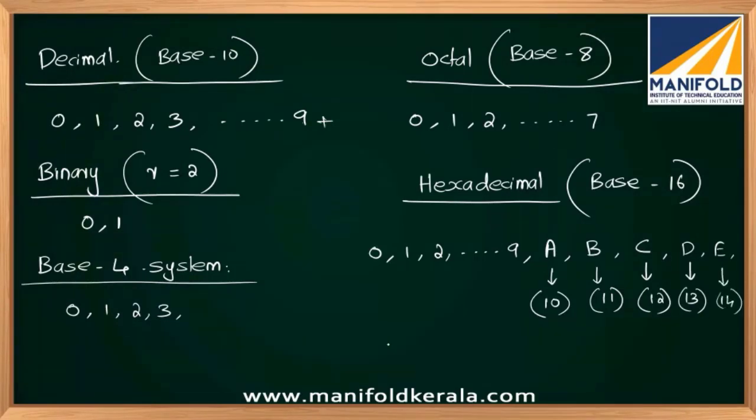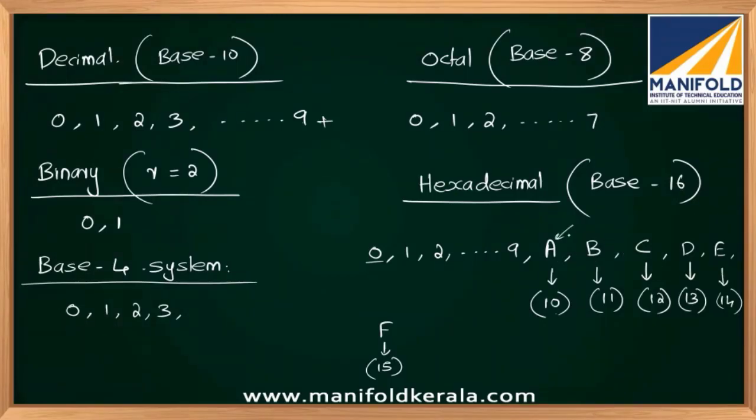And finally, F will correspond to the value 15. So there are symbols from 0 to 15, but 10, 11, 12, 13, 14, 15 are represented using these distinct symbols. We are giving alphabets for that: A, B, C, D, E, F.